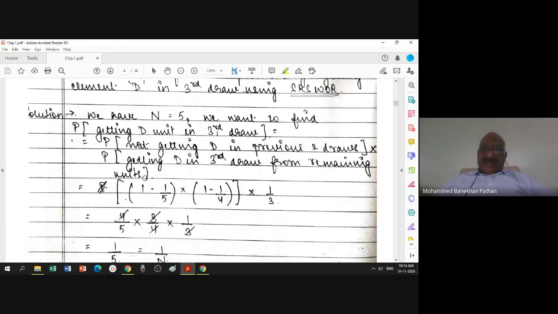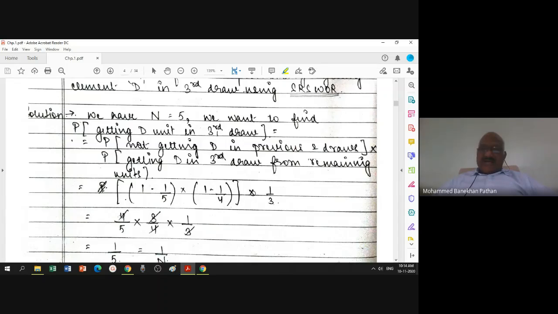Not selecting at first draw is 1 minus 1 upon 5. Not selecting at second draw is 1 minus 1 by 4, because at the second draw available elements are 4, while at first draw available elements are 5.